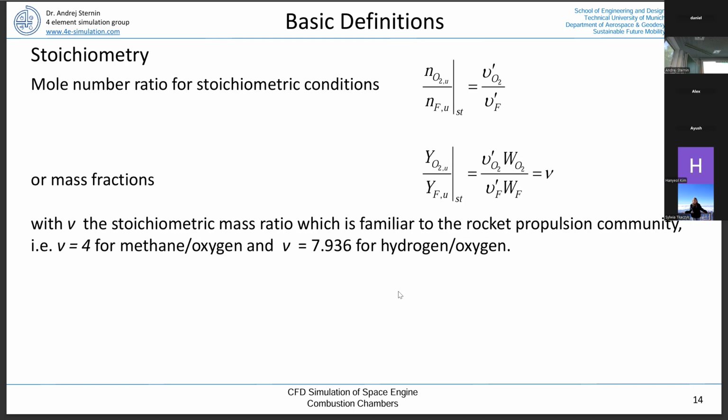Now, higher performance in comparison to an air engine, where we like to be lean in order to have the best economic performance of the system. In rocket engines, we get the best economic performance if we burn fuel rich.